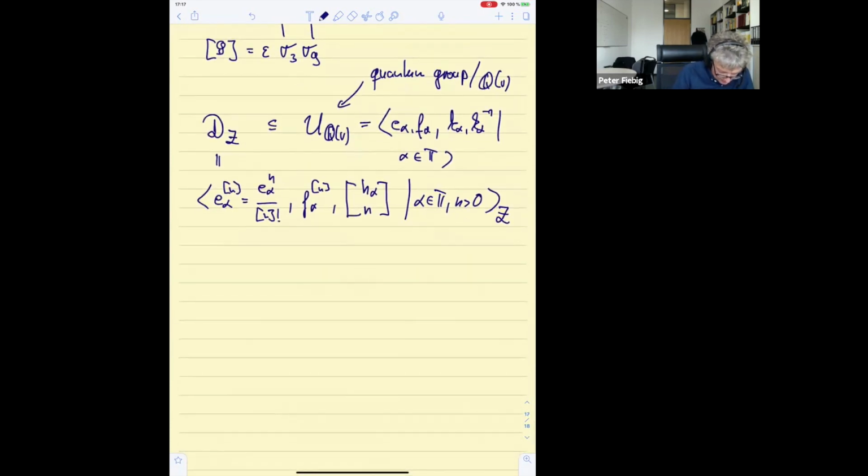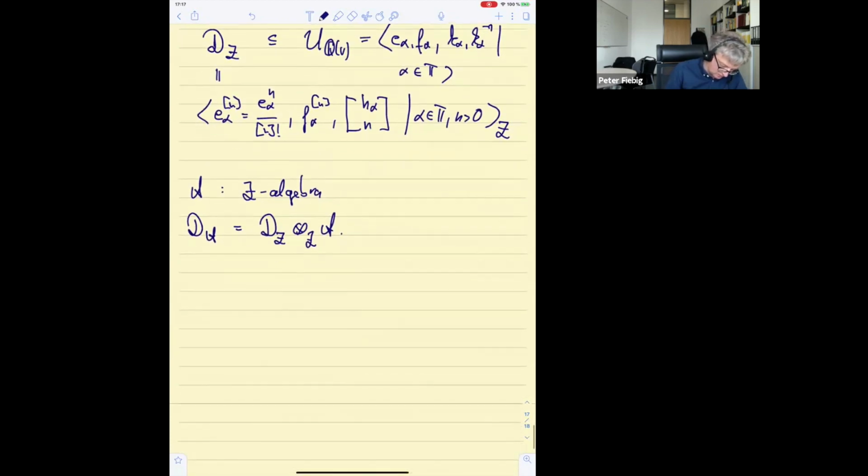And now for any Z-algebra, so an algebra with an invertible element, you can define D_A by base change. And especially, most importantly, we have now D_{Z,p}.